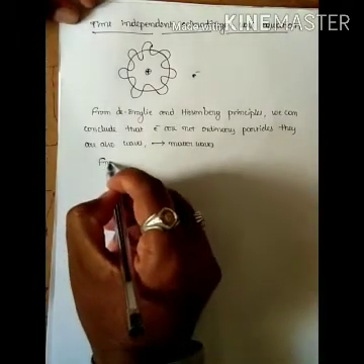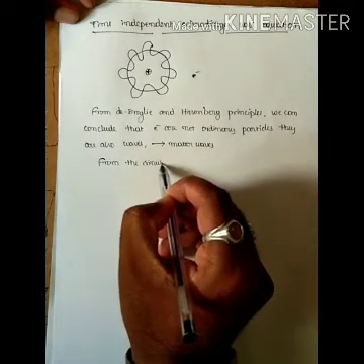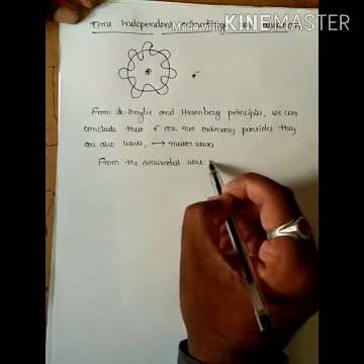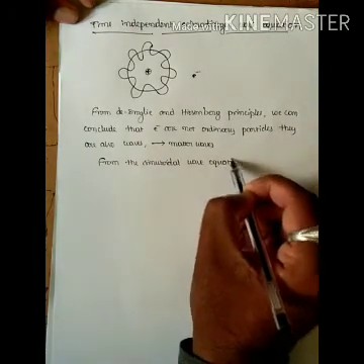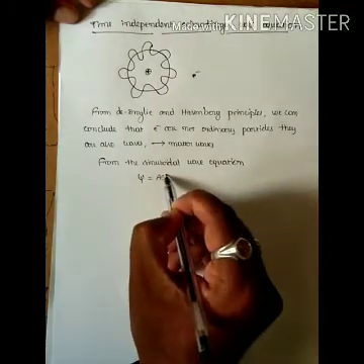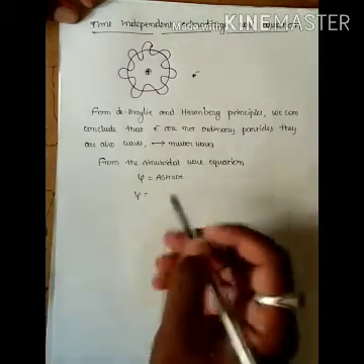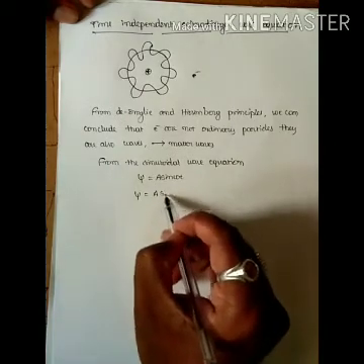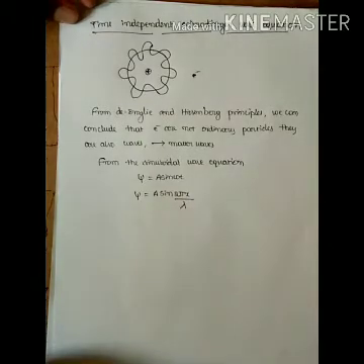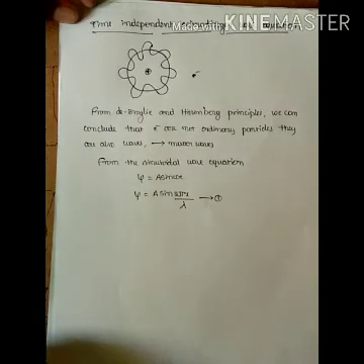From the sinusoidal wave equation, psi is equal to a sin omega t. But we can write the sinusoidal wave equation in some other way, that is psi is equal to a sin 2 pi x by lambda, right? And we shall consider this as equation number 1.